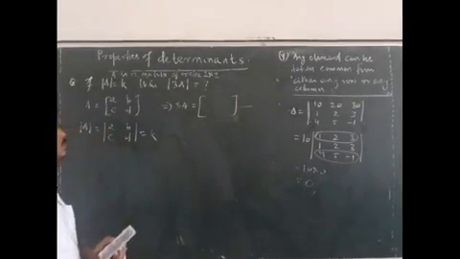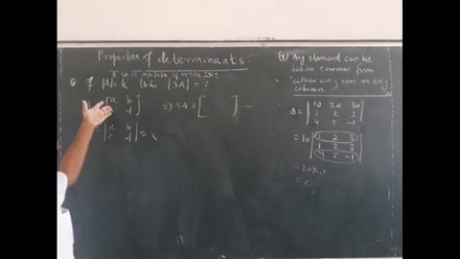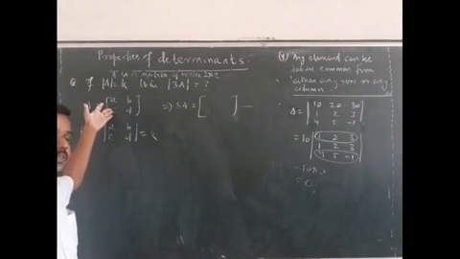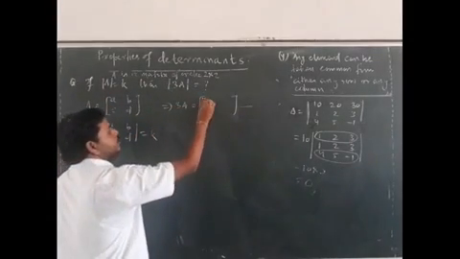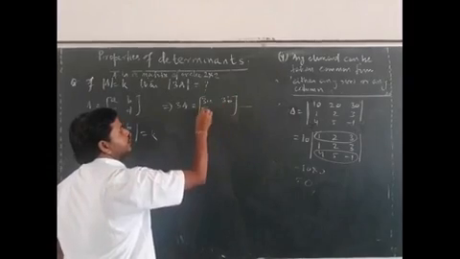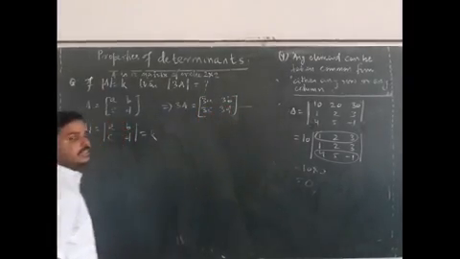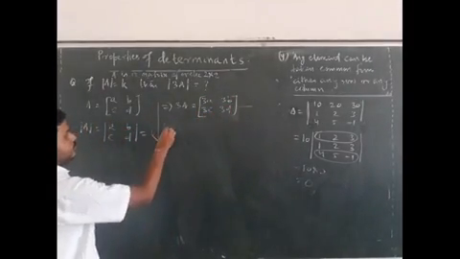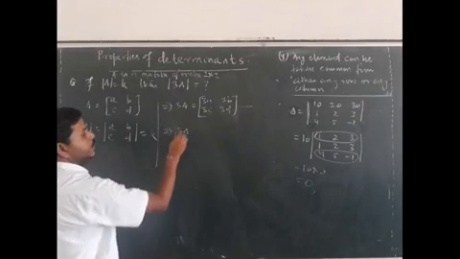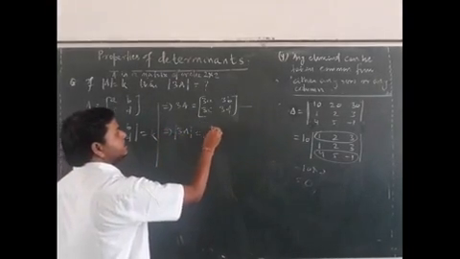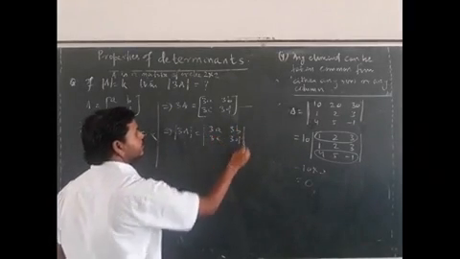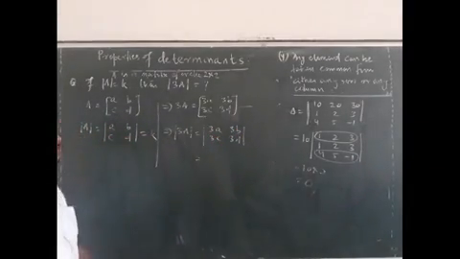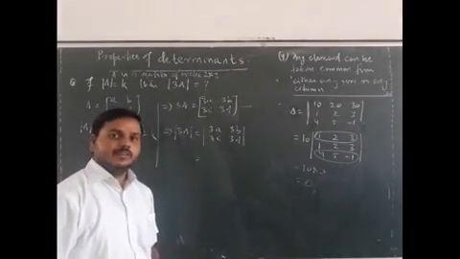Just as I told, if you multiply a matrix by a number, it must be multiplied with all the elements. That means it will be thrice of A, thrice of B, thrice of C and thrice of D. Then, if I ask you to find the determinant of this matrix, it will be 3A, 3B, 3C and 3D. So, can I take 3 common? Now it has become a determinant, not a matrix.